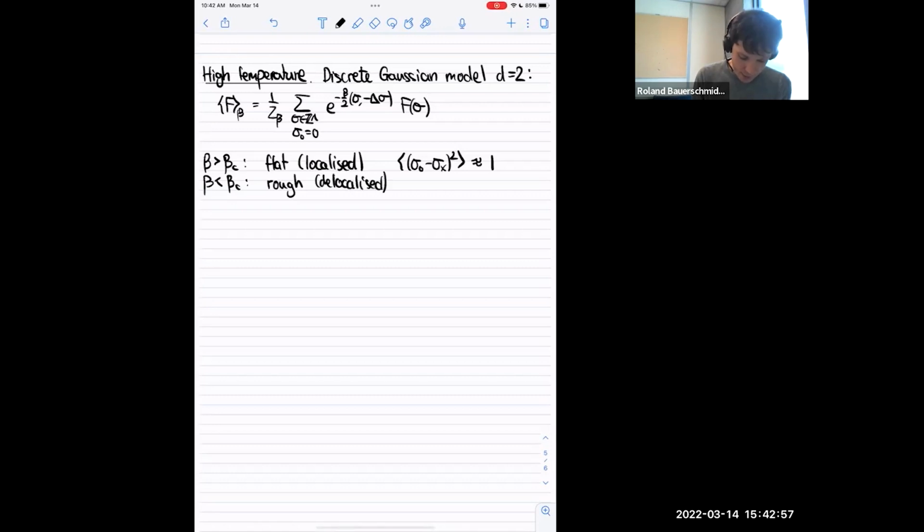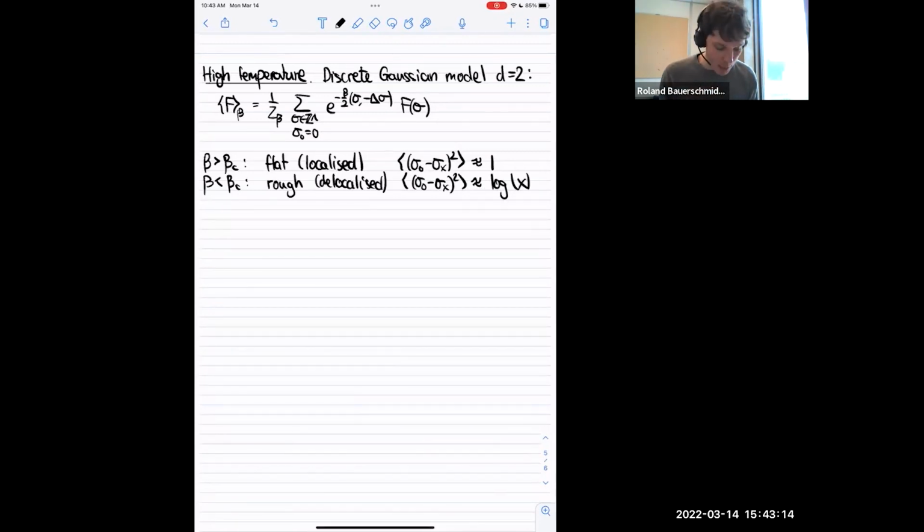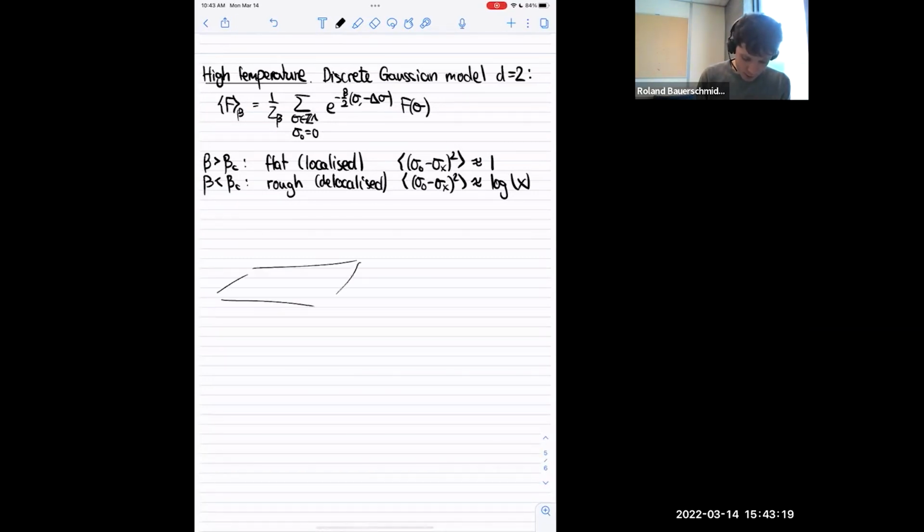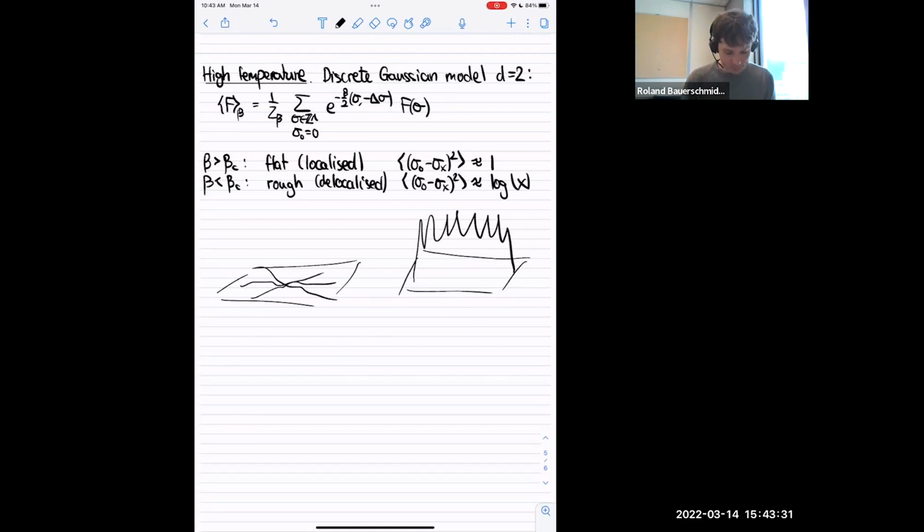In this case, we would say the model is in a rough phase, or delocalized. Spins remain unbounded, and they diverge. Spin correlations are unbounded, and they behave roughly logarithmically. Physically, this model is a toy model for a crystal interface, and this transition between rough and localized is the roughening transition.